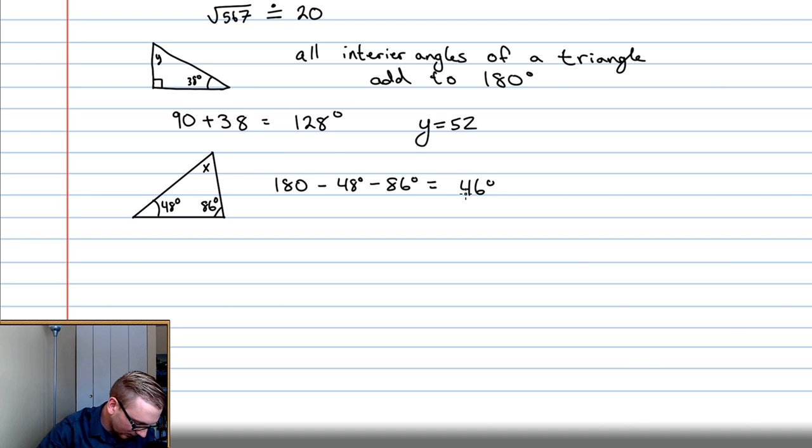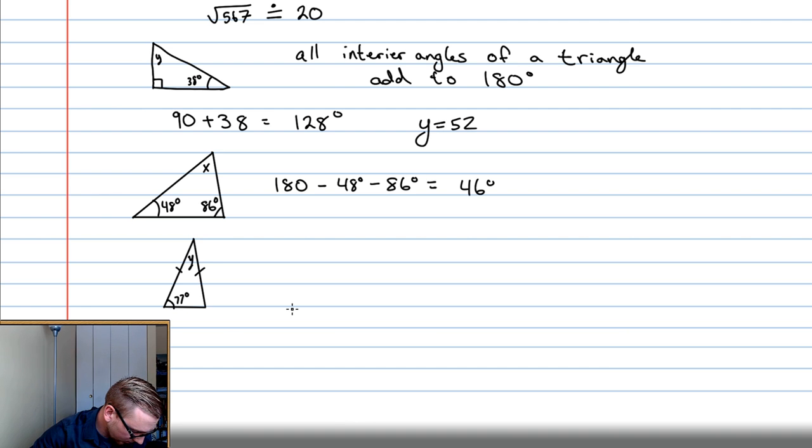Then, shown below is an isosceles triangle. And so this is equal to this. And here is our angle y. And this is 77 degrees. Well, isosceles triangle means equal length.